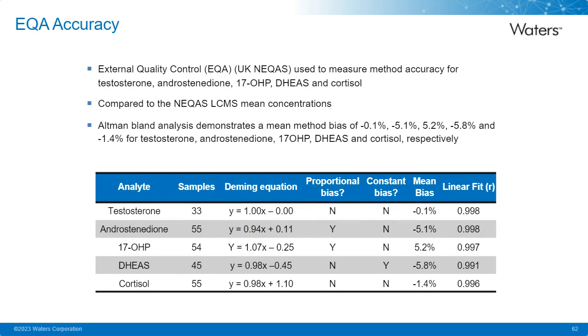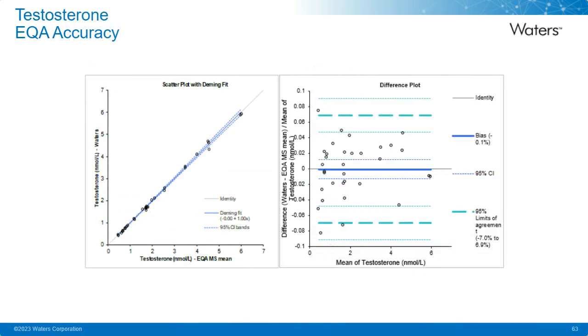Likewise, external quality accuracy, very good regression fits, very little bias, and again, all the biases were below 10%. And just one more looking at testosterone accuracy.